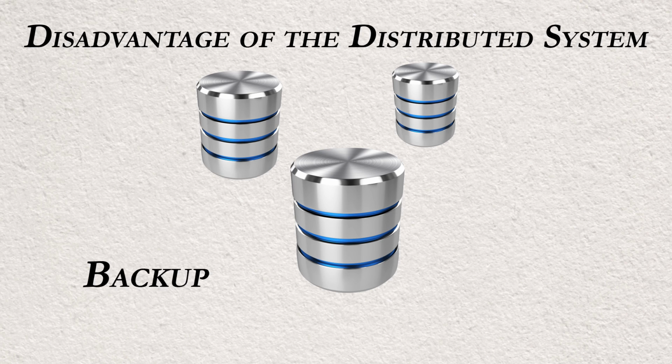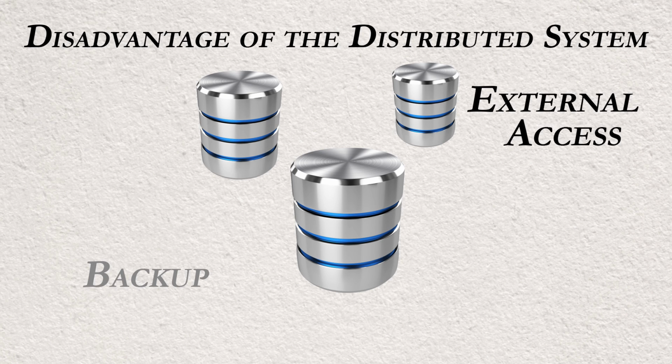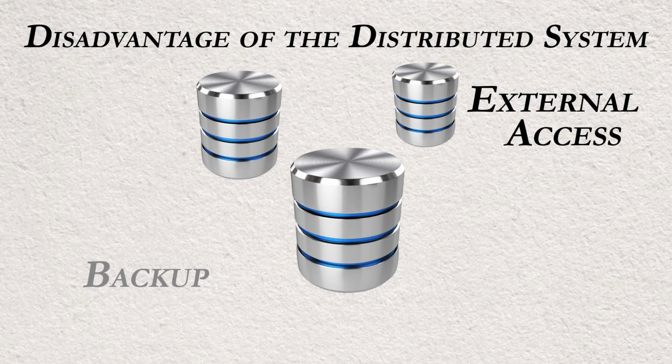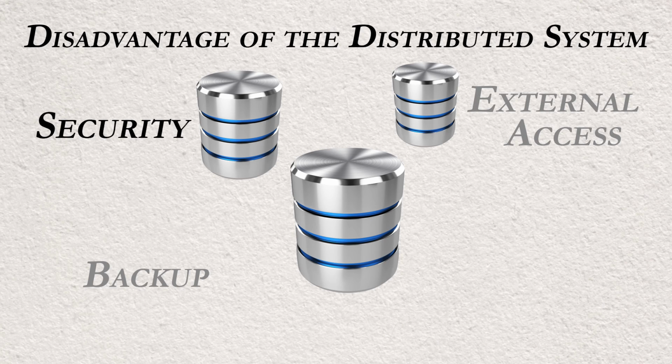Another issue would be the issue of external access. Each site will control internet access, the kind of firewall security and other security mechanisms it has from the outside world. The third problem is the problem of security itself. Is the data going to be all encrypted, or do we just have a simple password kind of mechanism to protect the data?